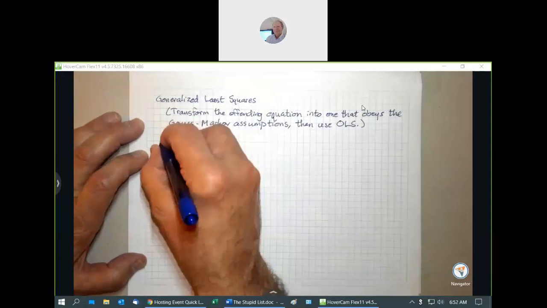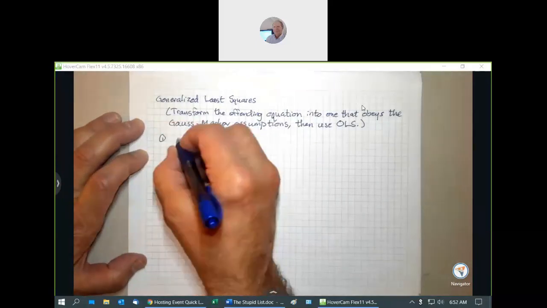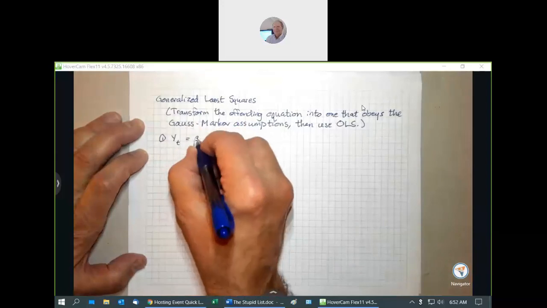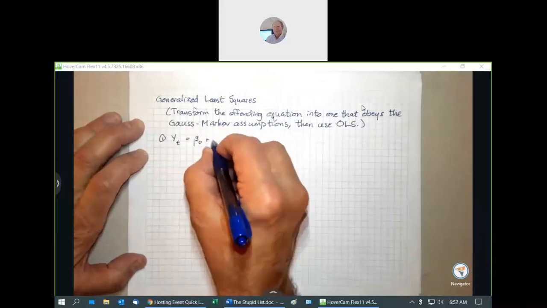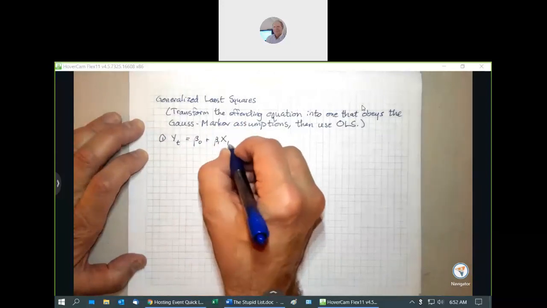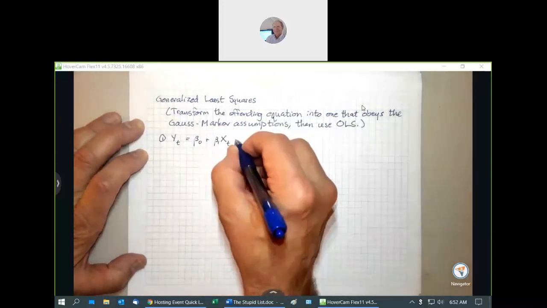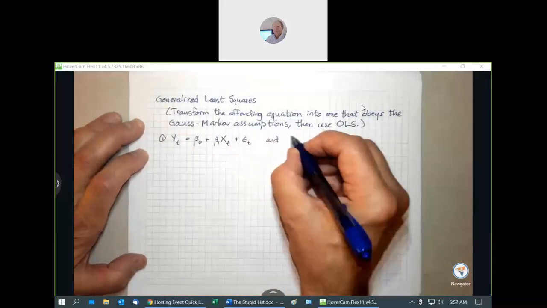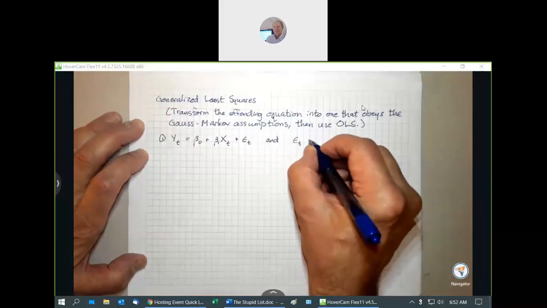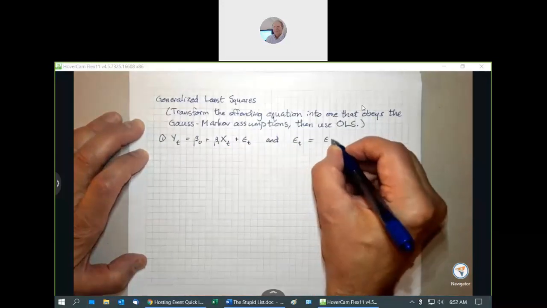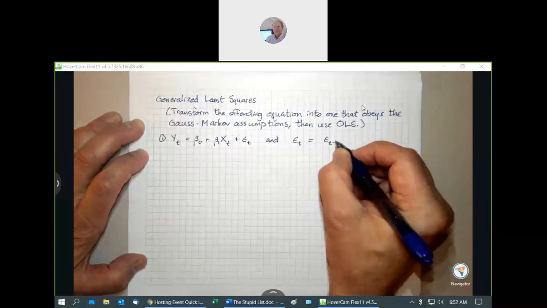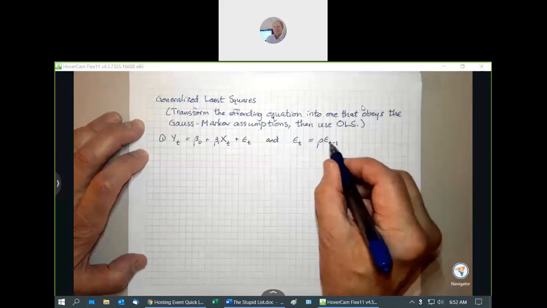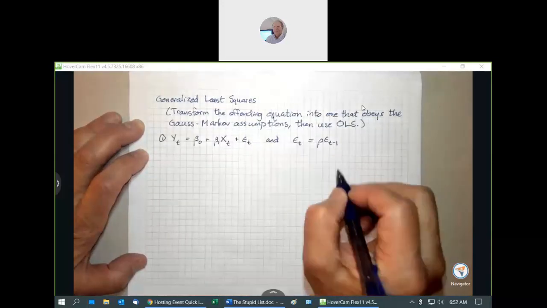So let's start with the simplest equation we can think of that might have an autocorrelated error. Y_t is equal to beta 0 plus beta 1 times x in time t, plus epsilon_t, and our simplest model would have the error term look like this: epsilon_t is equal to, let's see, there's last period's error term, but it's got this rho in front of it because a little piece of last period's error term gets carried over into this period's error term.